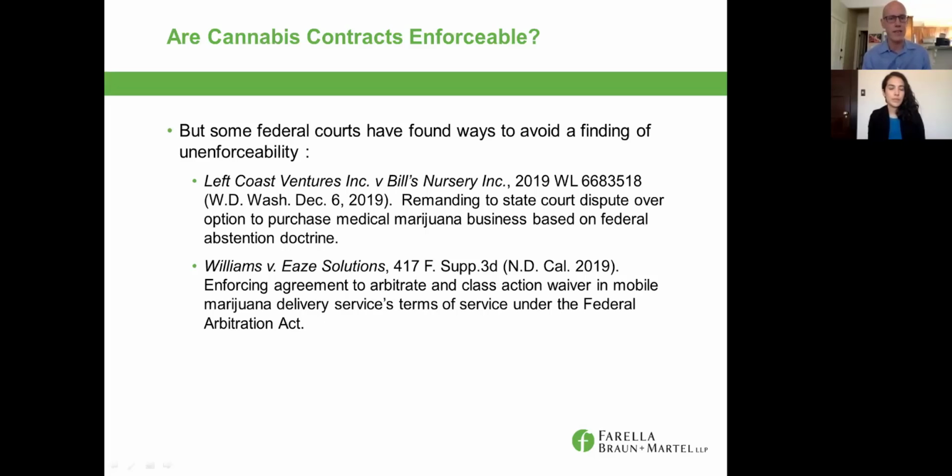And then in the Williams case, also from last year, which is from right here in the Northern District of California, this case is actually a TCPA class action against ease, probably the same case that Cynthia was referring to earlier.